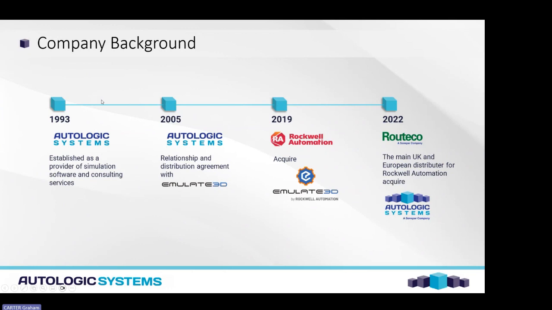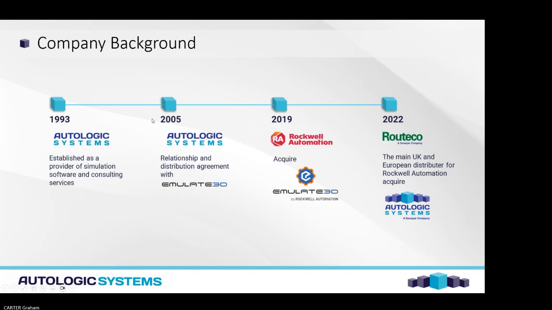We signed a distribution agreement with them around 2005. That software was picked up by Rockwell Automation, and in 2019, Rockwell acquired the Emulate3D company and the product of the same name. And then in 2022, Rutico, who are the main UK and European distributor for Rockwell Automation, acquired Autologic Systems.